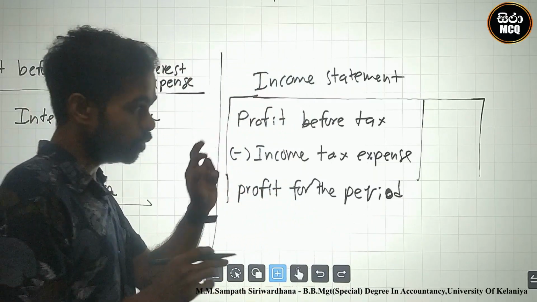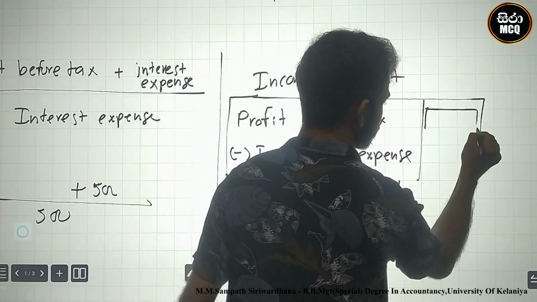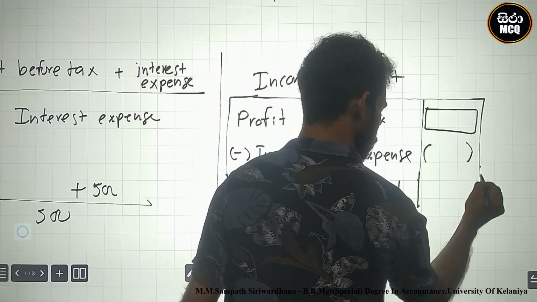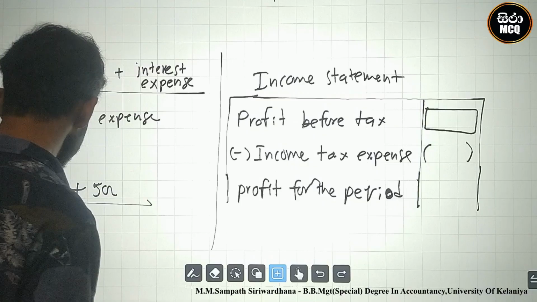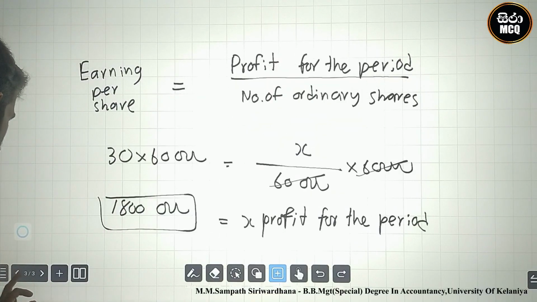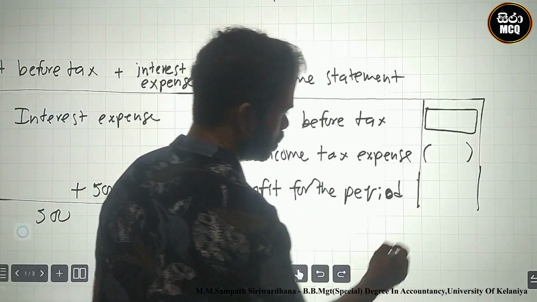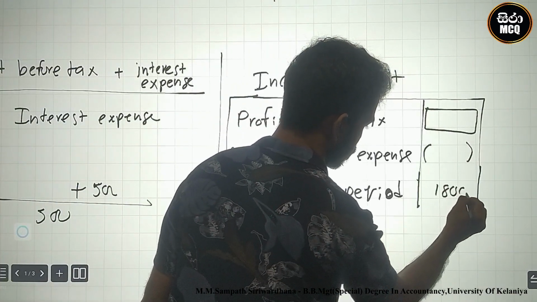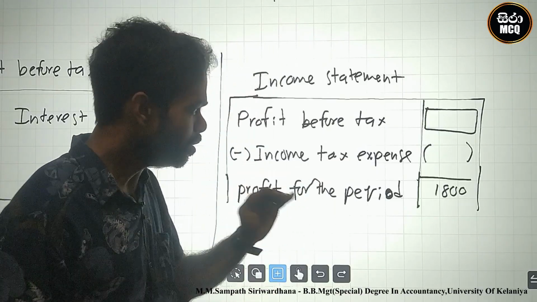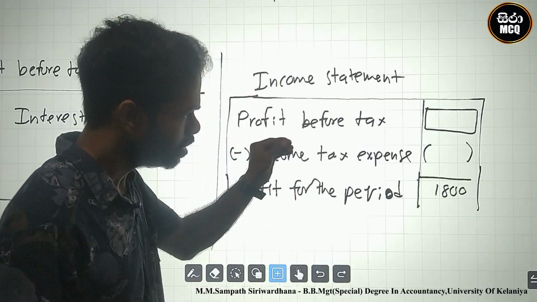We want profit before tax now. Profit for the period was already calculated as 1800, after the income tax was deducted.